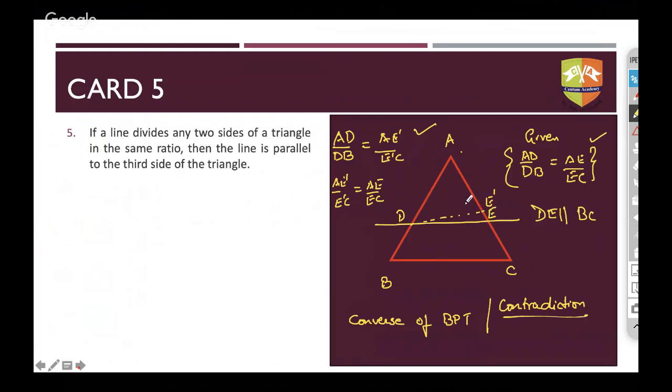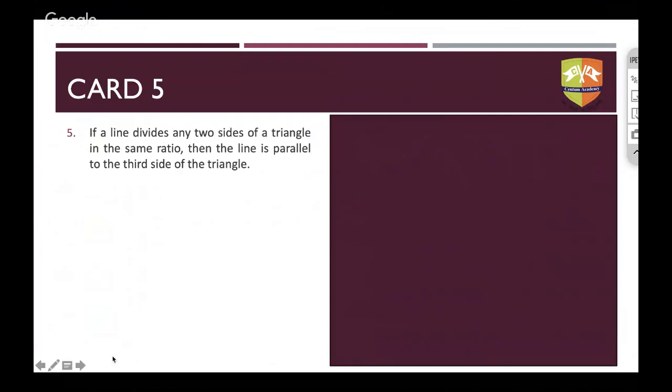That's not possible, and hence E dash must coincide with E, and DE will be parallel to BC. That's how we proved the converse of BPT. Fair enough. Let's go to the next one.